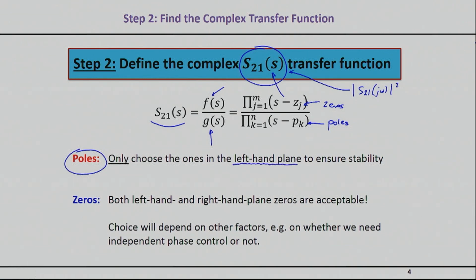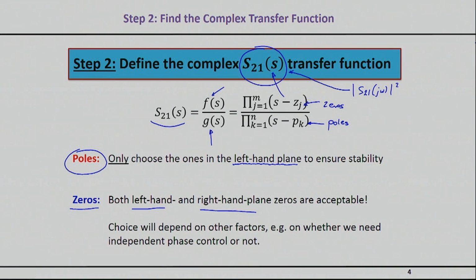This is important because as we're going from S21 squared magnitude to S21, we will have choices, and that's going to be one of the choices that we will make. On the other hand, for zeros, we have far more flexibility. It turns out we can choose zeros both on the left-hand plane as well as on the right-hand plane.